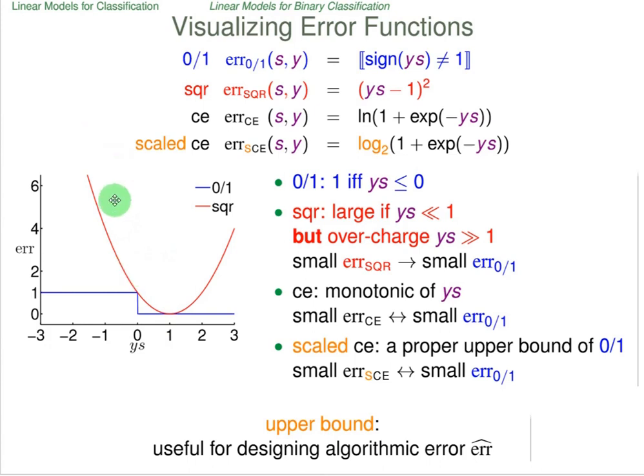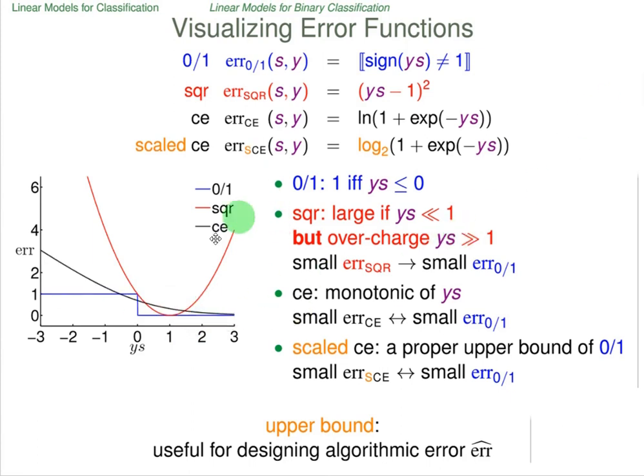Also, in the following region, if ys is much greater than 1, then the squared error will be large. So by comparing these two error functions, we observe that small squared error can lead to small 0-1 error at the optimum. In other words, the 0-1 error is always smaller than or equal to the squared error in this region. It is only equal at 1, but here it is smaller.